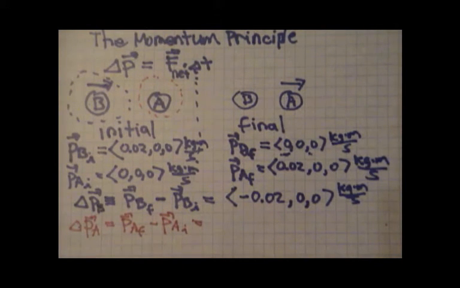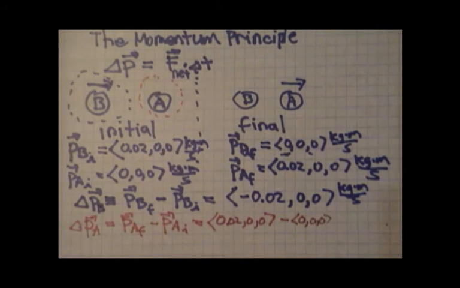And the final momentum of ball A is 0.02, 0, 0 kilogram meters per second. And the initial momentum of ball A is 0, 0, 0.